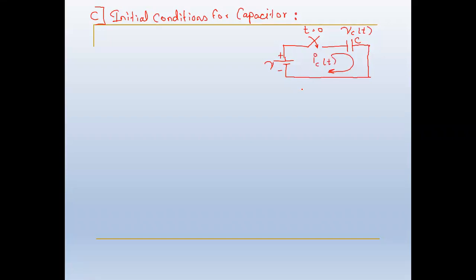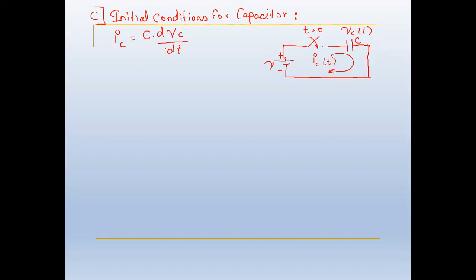So consider a capacitor connected to a voltage source as shown in the circuitry, and the current through the capacitor is related to the voltage across the capacitor as Ic is equal to C into dVc by dt. So here C is the value of capacitance.